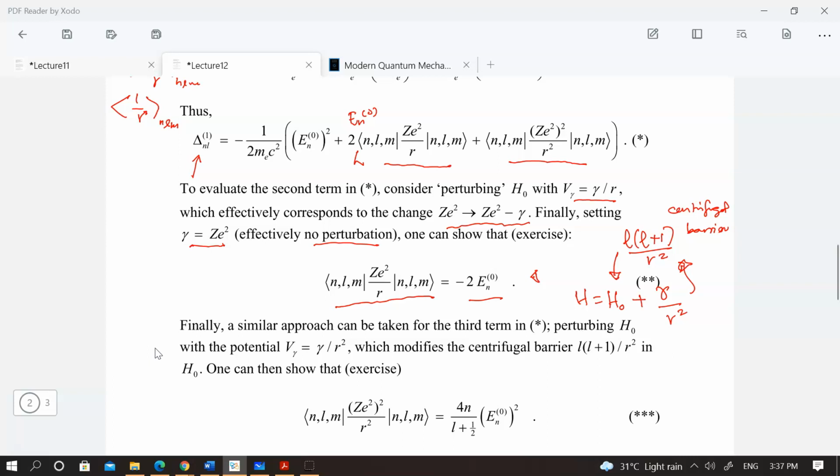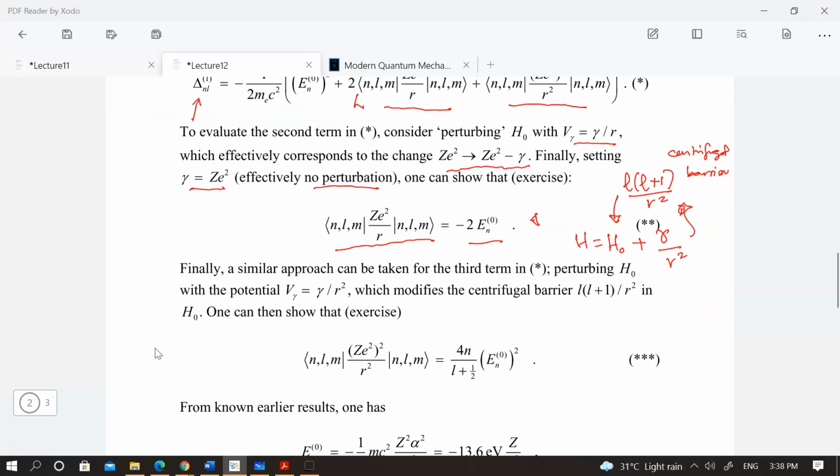Again, one can do the perturbation theory if you want to, but let me just leave that as an exercise. That's why I'm saying today's lecture will be short. You can actually prove that the third term gives you this particular value, which you can see is the linear term in terms of your energy, and this one is a quadratic term in terms of energy, which makes sense.